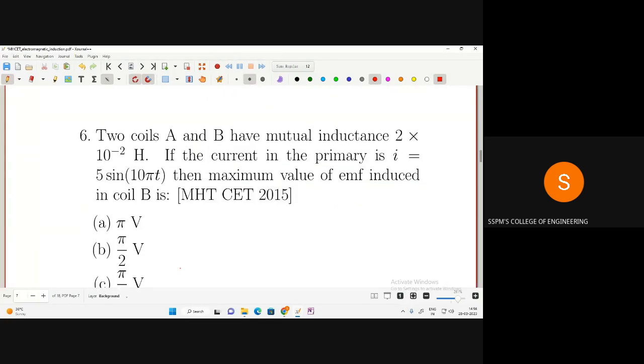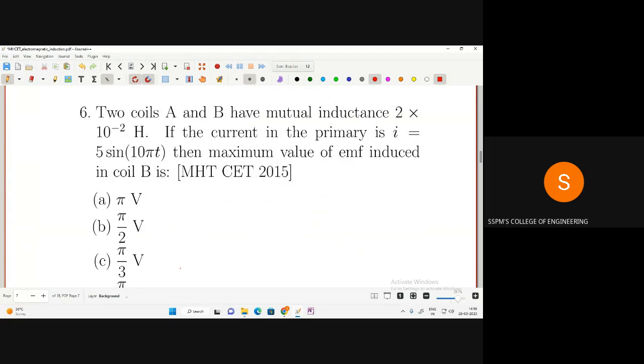The seventh example is based on mutual inductance. You know, when there are two coils near each other, then there will be a mutual coupling between the two coils due to mutual inductance.